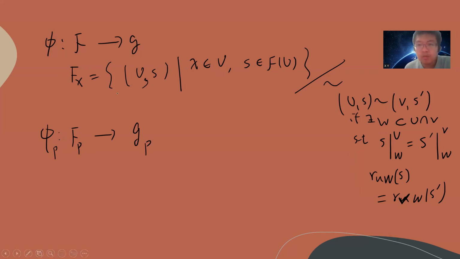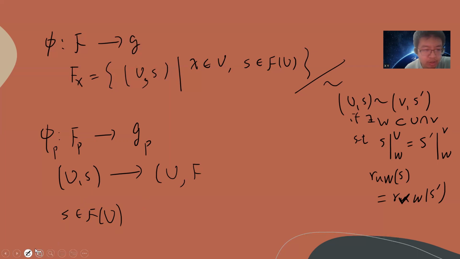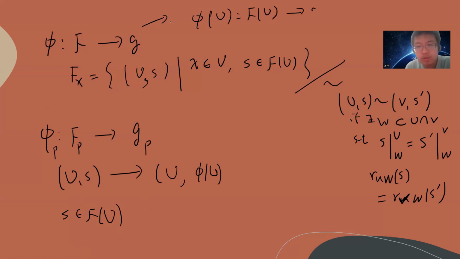If you ask me, I will keep it simple and just define it this way: if I start from (U, s), where s belongs to F(U), then I map U to U, because they're on the same space, and I map s into G. Since this is a morphism of sheaves, I map it to phi_U, because given U, I have a homomorphism from F(U) to G(U).